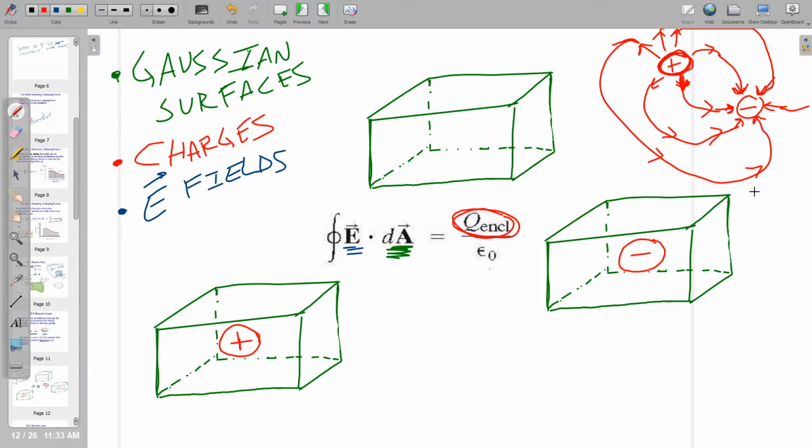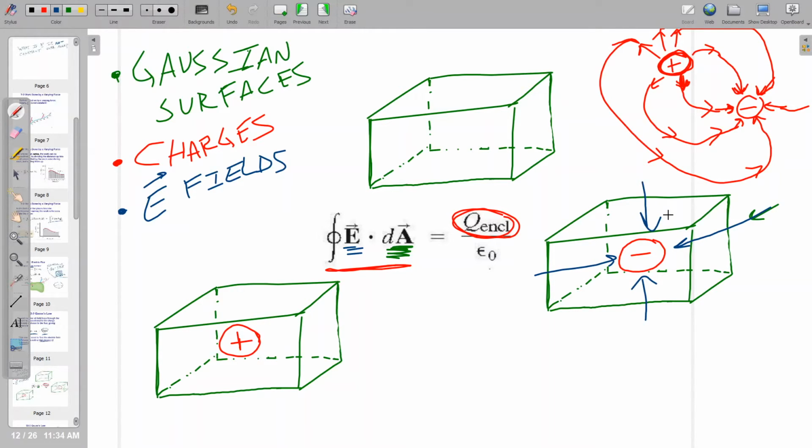Let's think about it. Let's say that I want to find the electric flux through this surface right over here, where there's just a negative charge inside of it. Well, the electric field lines would have to be pointing right in towards this negative charge.